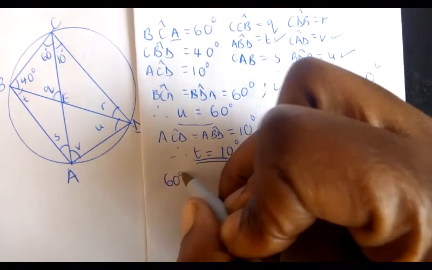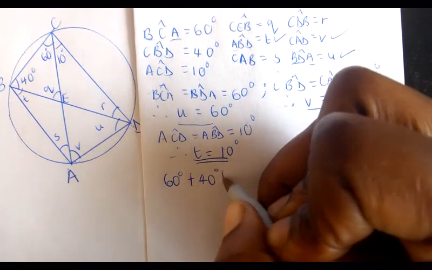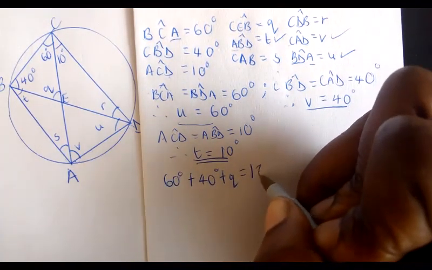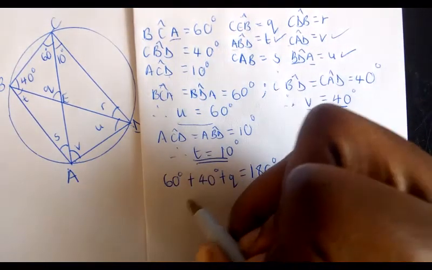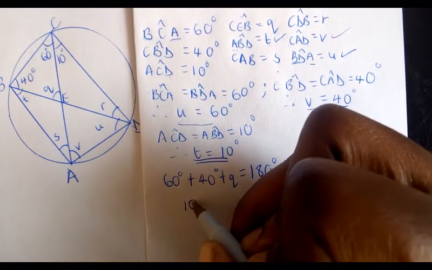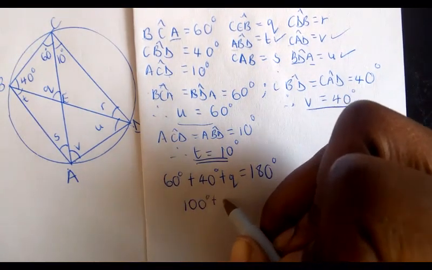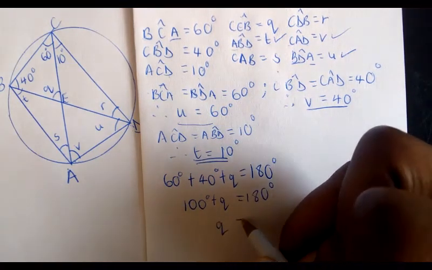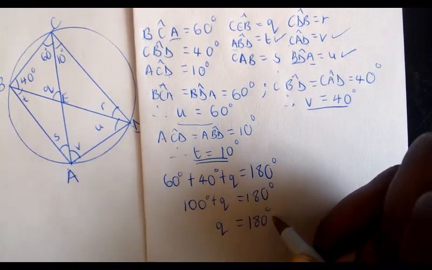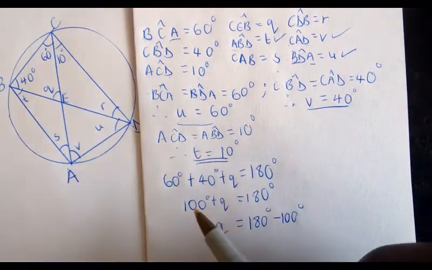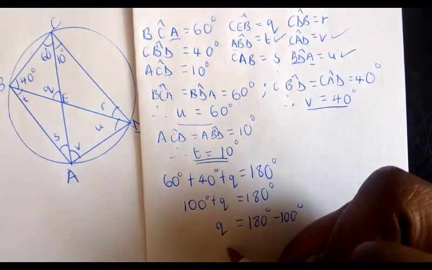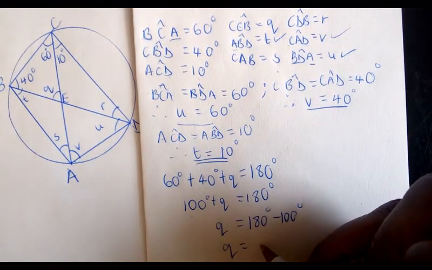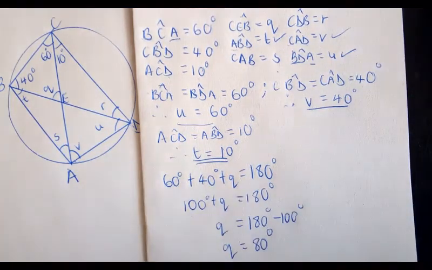So 60 degrees plus 40 degrees plus Q is equal to 180 degrees. So it becomes 60 plus 40 is 100, plus Q is equal to 180 degrees. Then it becomes Q is equal to 180 degrees minus 100 degrees. We have moved this 100 to this side. Then Q is equal to 80 degrees.